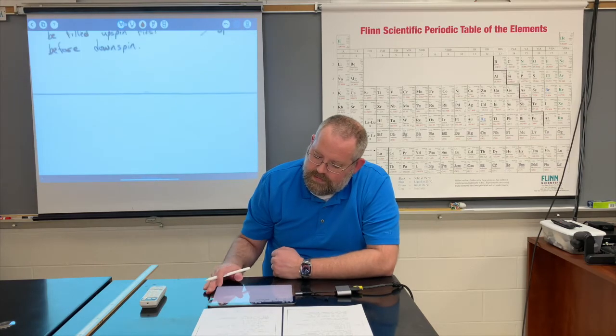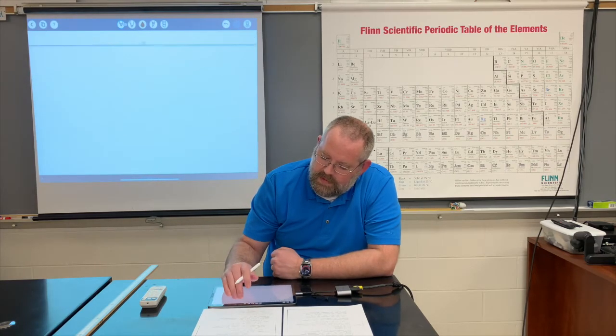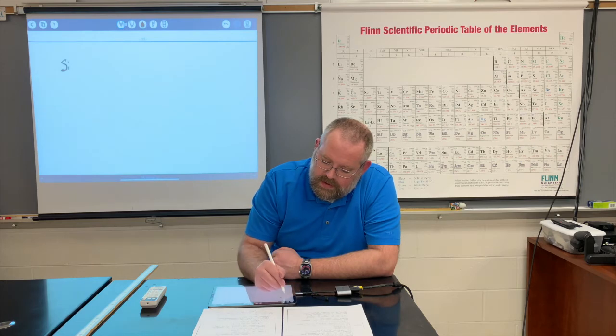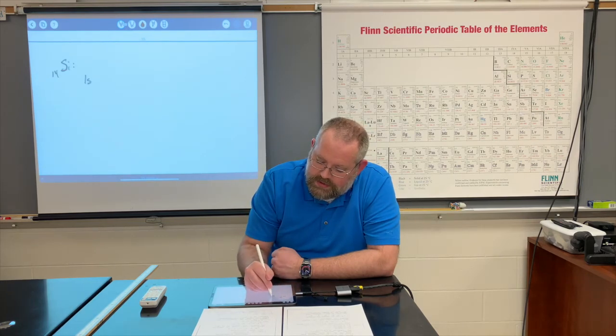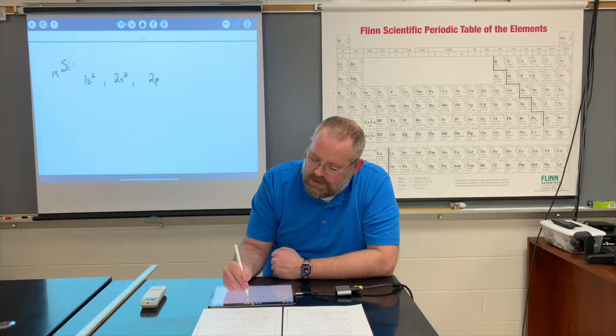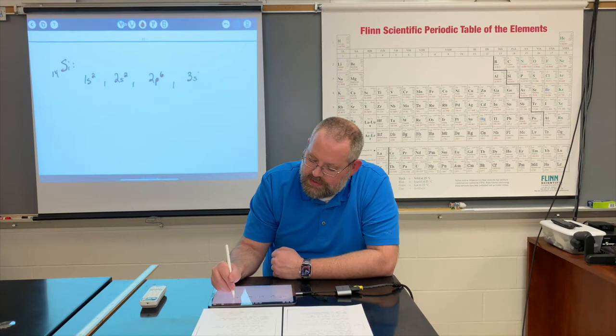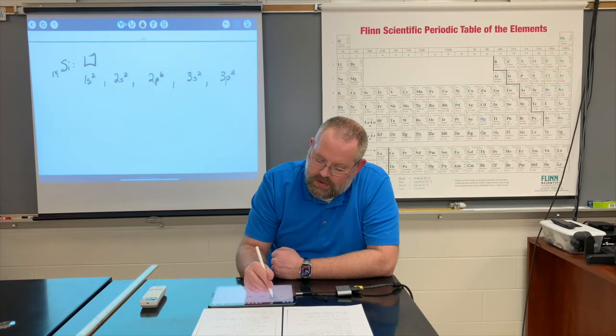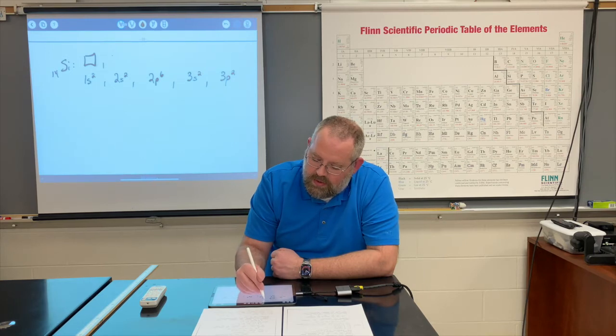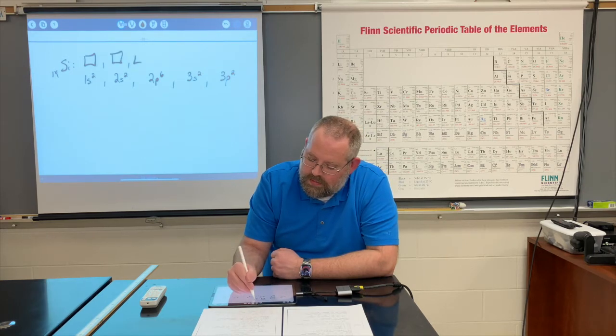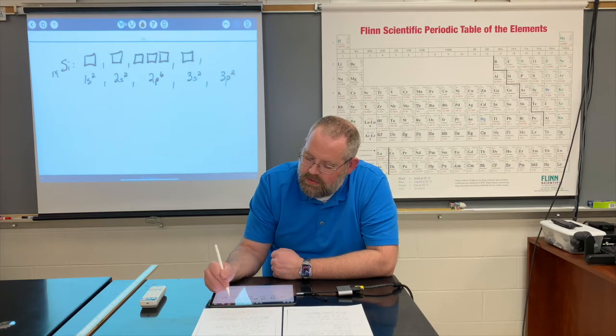Silicon is a 14, and it starts with a 1s2 and a 2s2 and a 2p6 and a 3s2 and a 3p2. All right, so S group has one orbital, S group has one orbital, P group has three orbitals, S group has one orbital, P group has three orbitals.